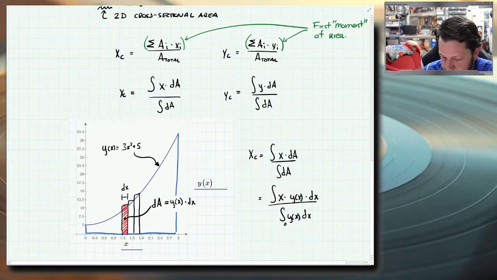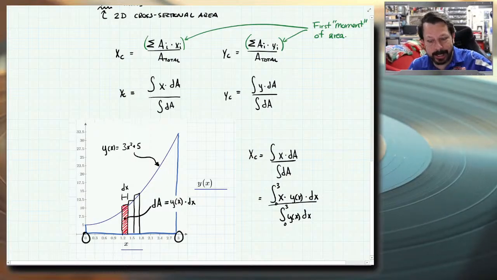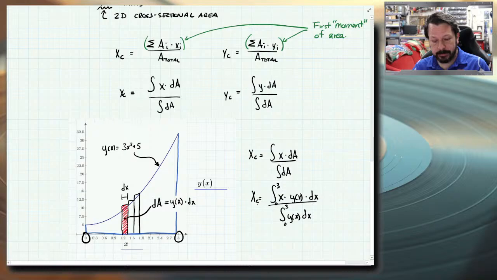In this case, I need to integrate from 0 to 3 because I've put my limits at 0 for one edge of the little bracket and 3 inches or whatever it is at the other edge. So let's go back to MathCAD and see if we can code this in and calculate. It'll give us the location for the x-coordinate of the centroid of this parabolic-ish shape.